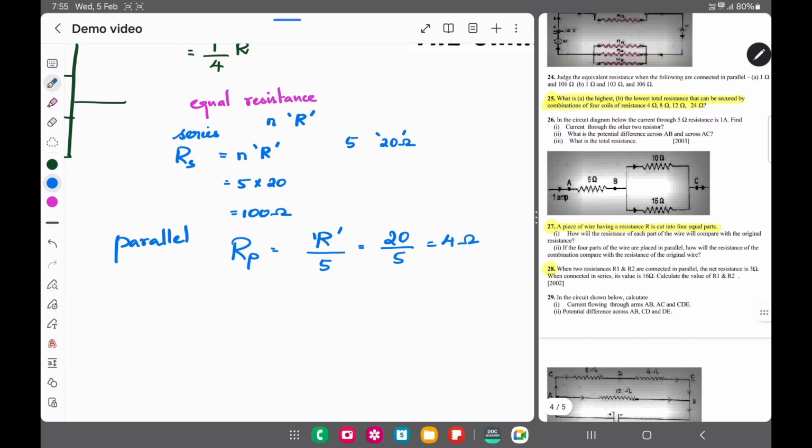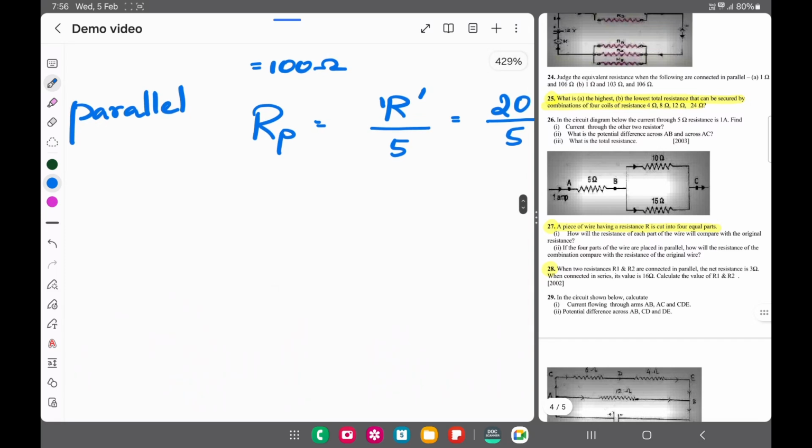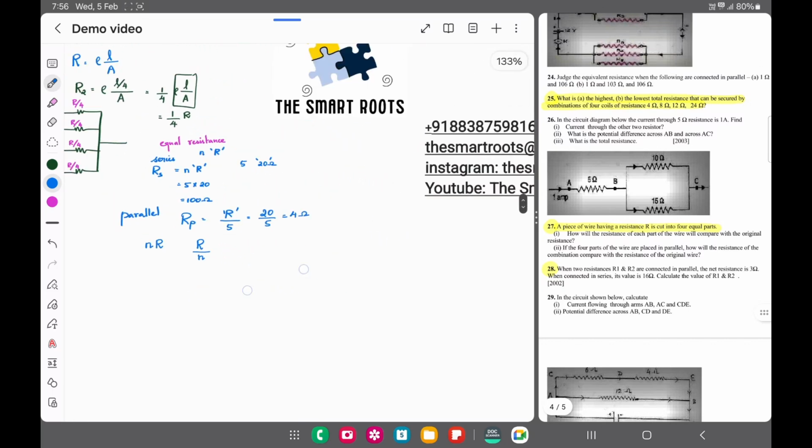So we know that in series the total resistance increases, in parallel the total resistance is less. So the formula is: with equal resistances and n resistors, for series it is n times the individual resistance, and for parallel it is division, R by n, 1 by n times R. That's it. We are going to follow the same here.